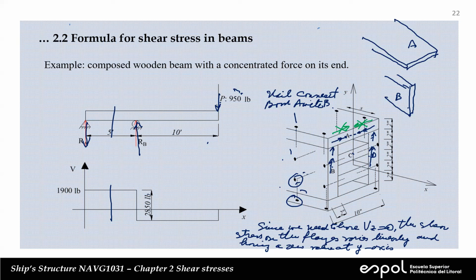And then on the other web, you also have shear stress pointing upward. So the contribution from both webs helps to reproduce the value of the shear force. Okay, so you integrate on the web on the left, integrate on the web on the right, and you add these two, and you should recuperate 1,900 pounds.